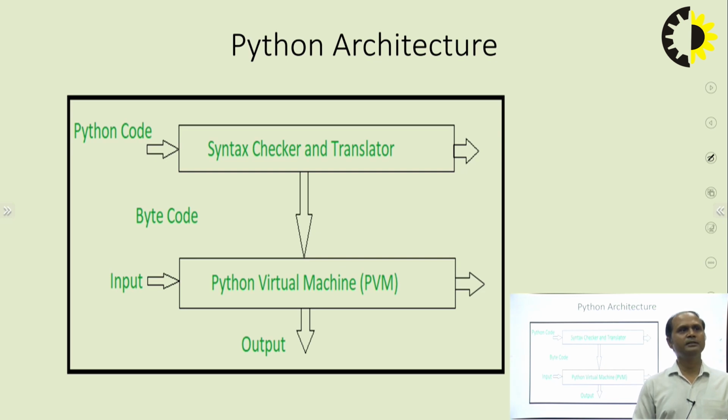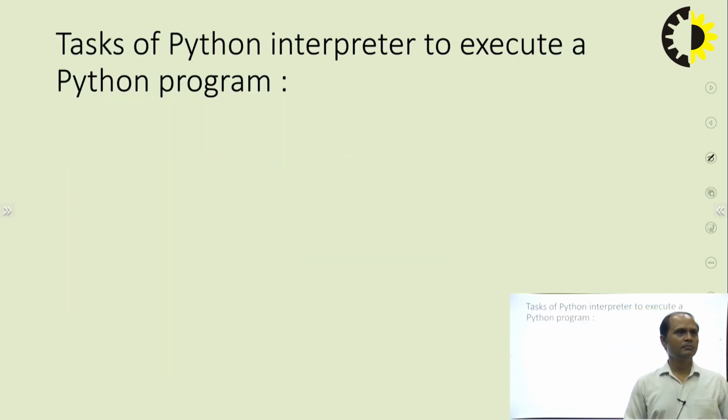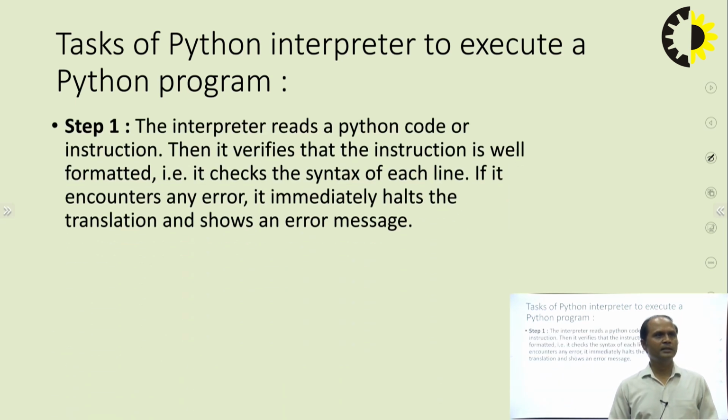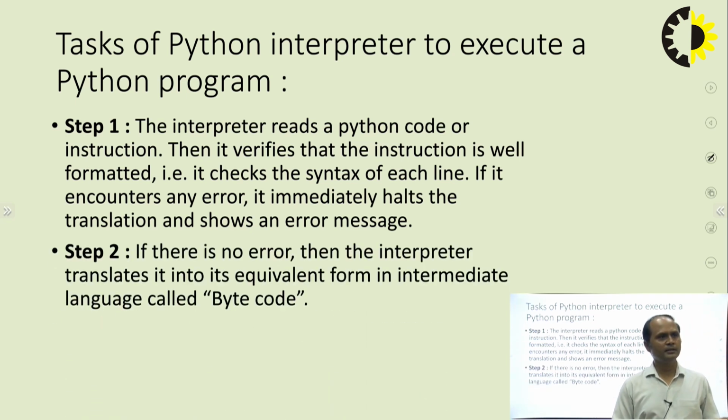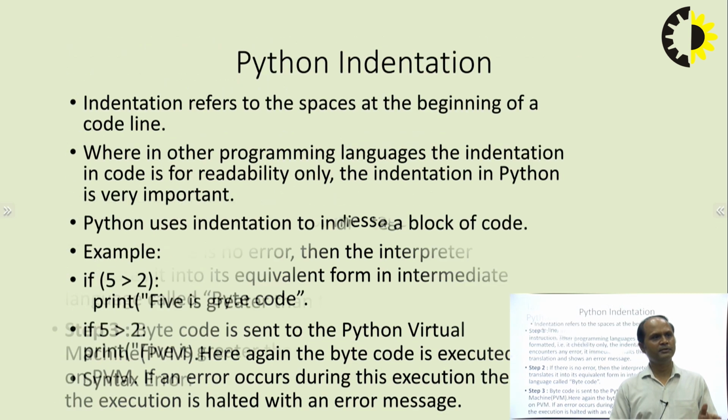If we write some code, it goes to the syntax checker and translator, and after that the code goes in the form of byte code to the PVM, and after the PVM we get the output. This is the task of the Python interpreter to execute a Python program. As I said previously, this is the path of Python architecture by which we run the program.